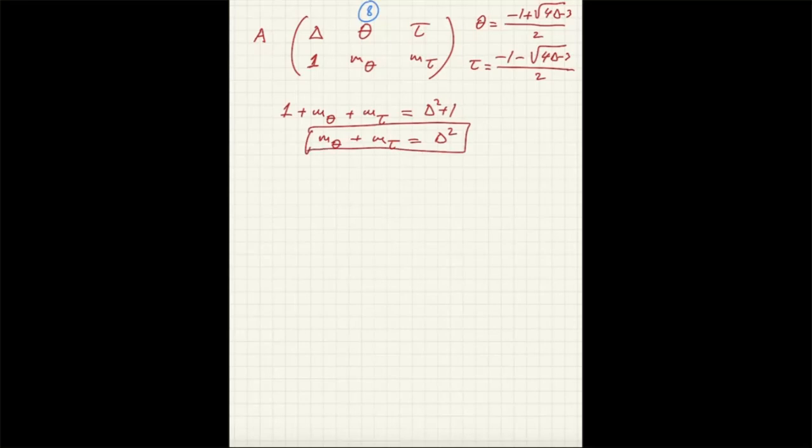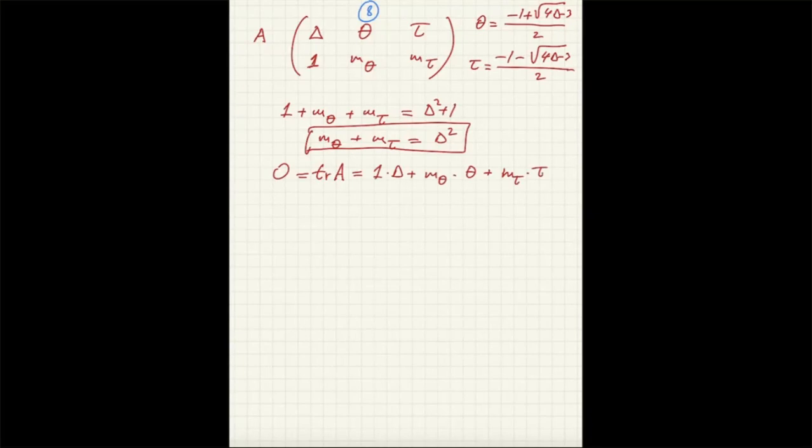And we can get another equation involving these multiplicities by looking at the trace of the adjacency matrix. That has to be 0, but it's the sum of the eigenvalues, including their multiplicity. So it's delta times its multiplicity 1, plus m theta times theta, plus m tau times tau.